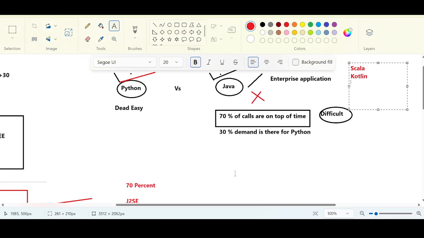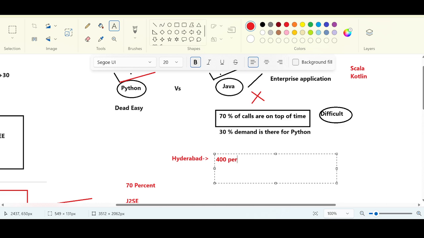When I was visiting Hyderabad for the first time in 2012, I had just completed my engineering in 2012. Hyderabad is a very famous place for coaching centers. The problem is they start the classes, and in the classroom you can find at least 400 to 500 persons on the very first day.